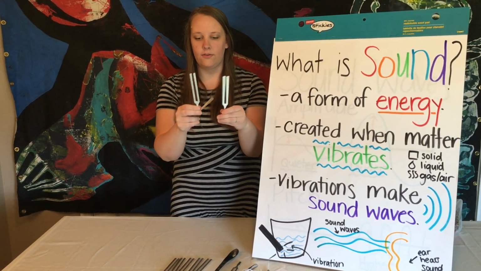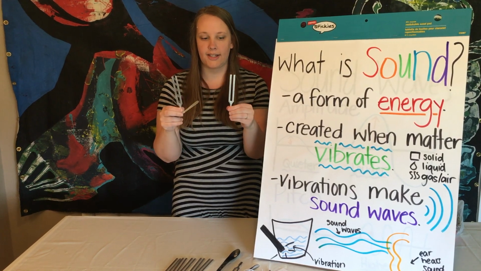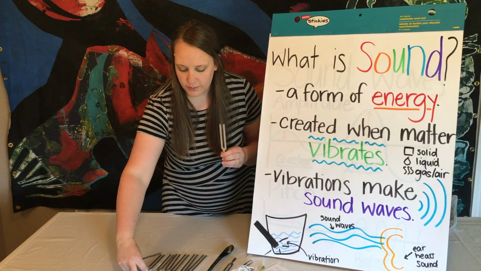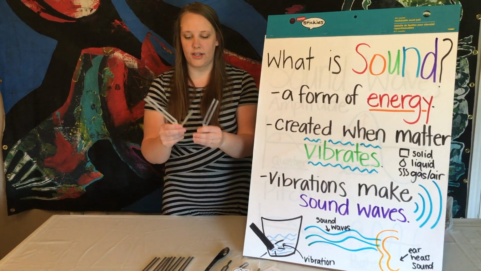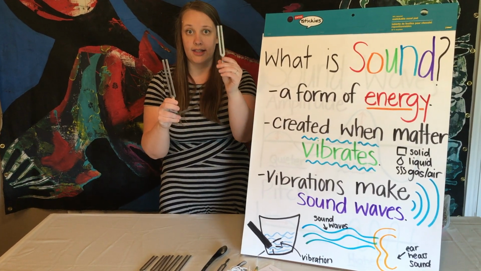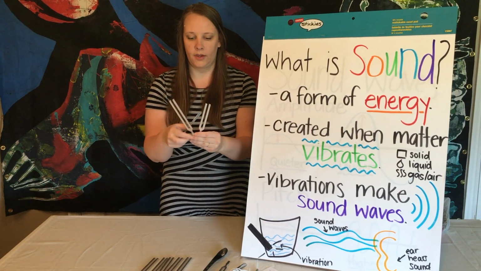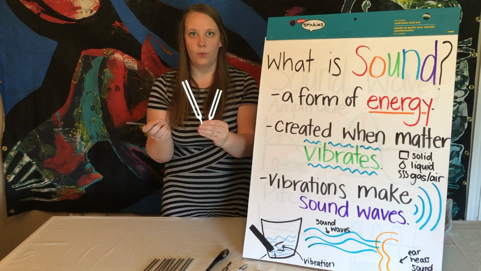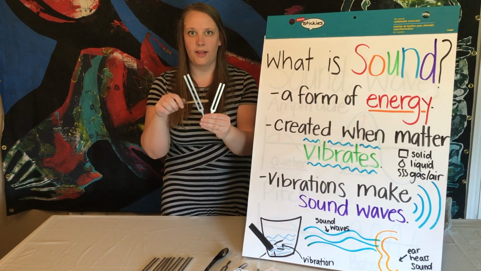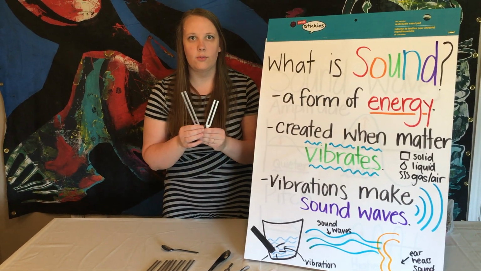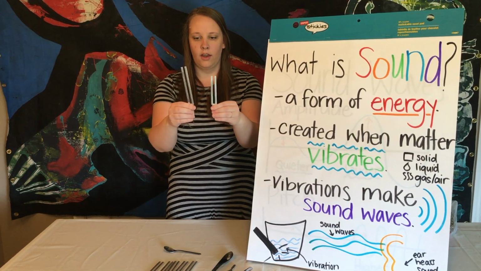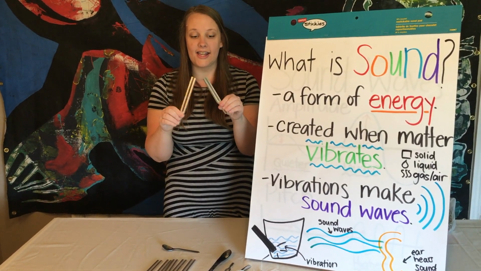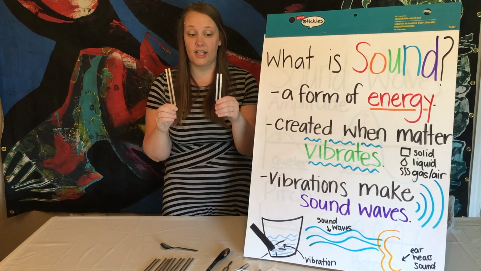These tuning forks are made out of the exact same material, they're the same shape, I'm hitting them with the same object, but they made a different sound. So let's try it with this one and this one. Ooh, that one makes a way different sound. So why do you think that is? You might be saying that it's because they're different sizes. That would be a good clue.